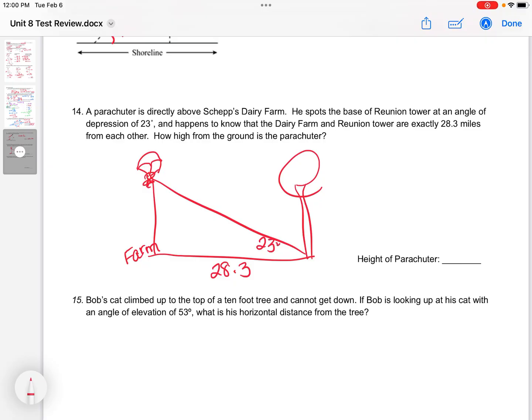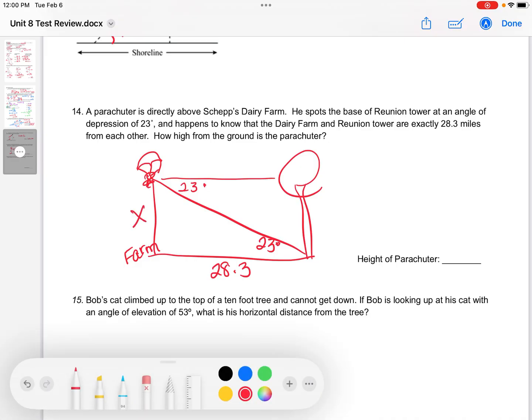28.3, 23 degrees. Angle of depression, which remember is right here also. We're looking for how high off the ground.